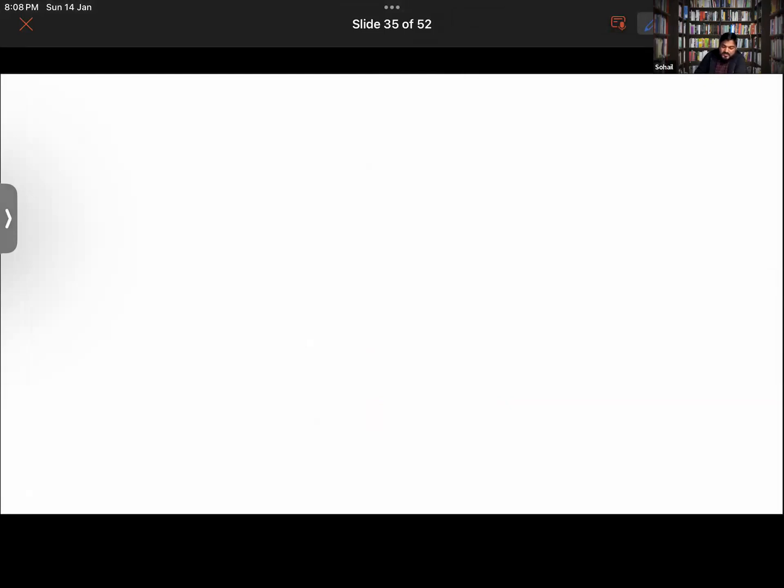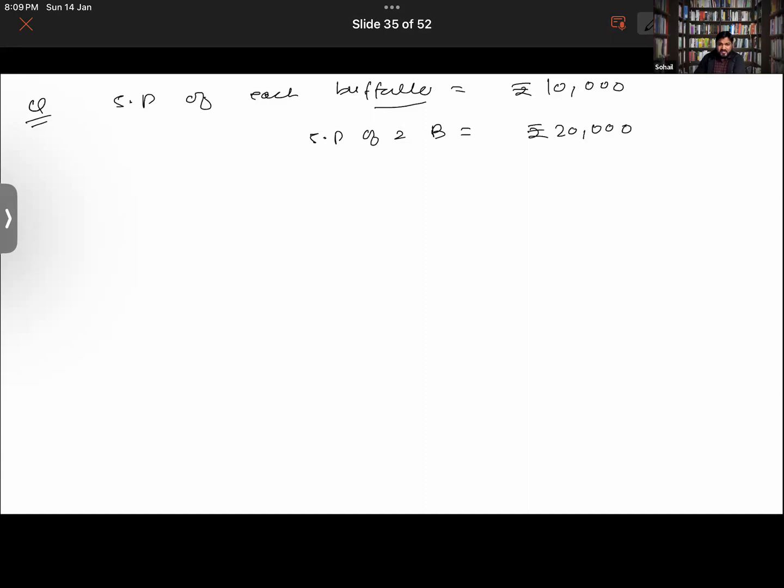The given question was that the selling price of each buffalo according to the question will be rupees 10,000. So the selling price of the two buffaloes is rupees 20,000, as given in the question.